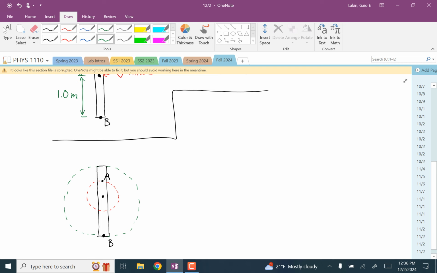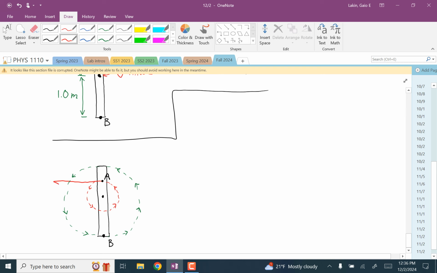Is this rotating clockwise or counterclockwise? Counter, because it's positive. So we know that these points are moving in this direction around the circular path. And so then the point A, its velocity vector is tangent to its circular path in the direction of motion.